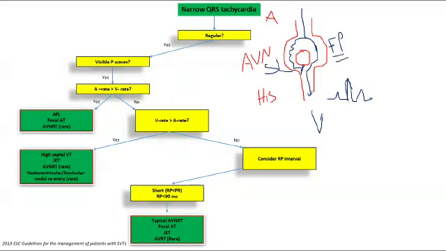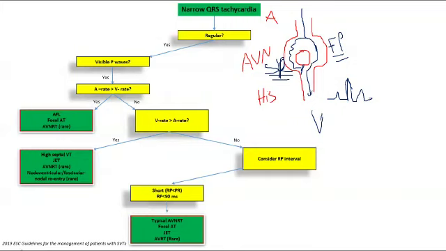What we need to remember is that the fast pathway has a long refractory period. The slow pathway has a shorter refractory period.